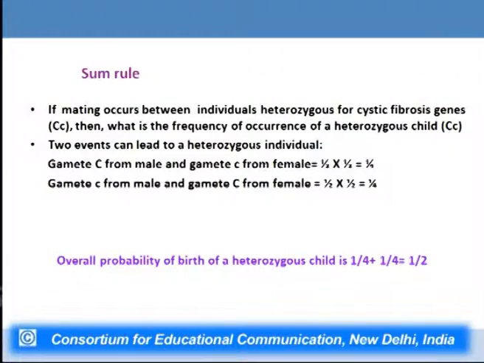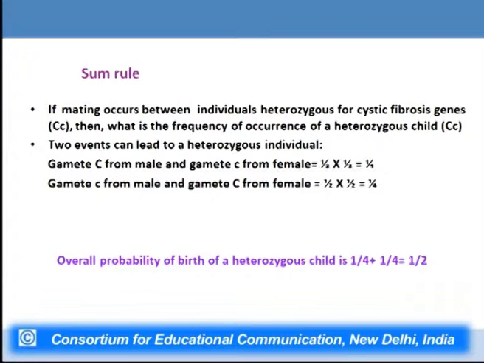Now, two events can lead to a heterozygous individual. These two events are possible when a gamete carrying capital C allele from male and a gamete carrying small c allele from female fuse together to give rise to an embryo.